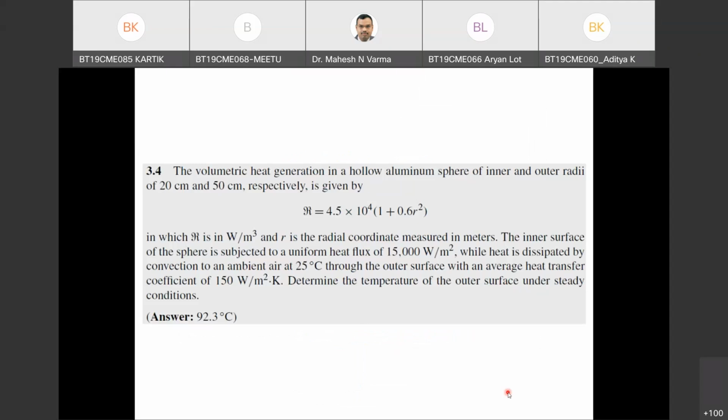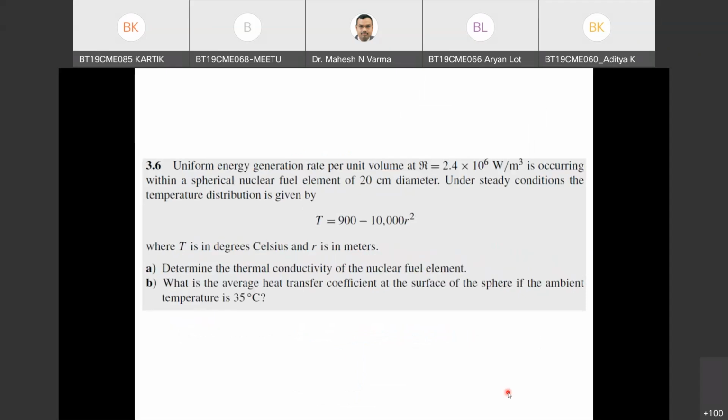So anybody is not getting this? Now this is also similar. Yes, tell me. Can we solve this problem in this way?